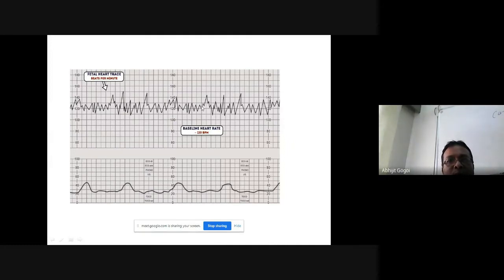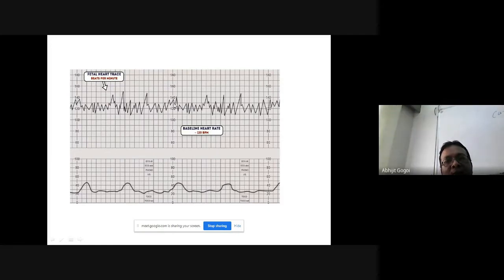This line should pass between all the waves. When you draw a line through all these waves, it will usually go between 120 and 140, usually around 130. So the normal fetal heart rate is 130.